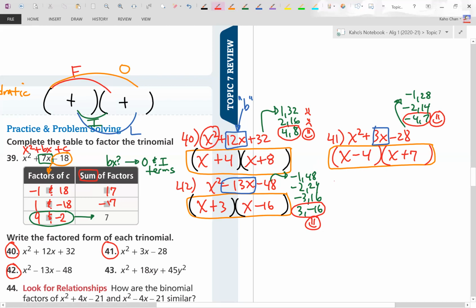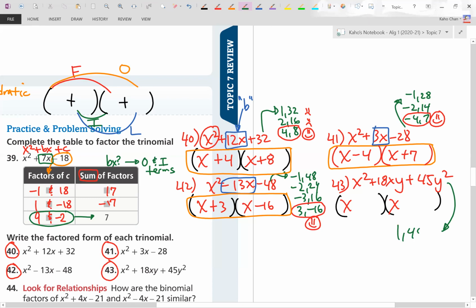43. Last one for this section. Here we go. x squared plus 18x. Ooh, xy. We got an extra variable, folks. Pretend the y's aren't there, okay? That's an easy way of looking at this. There's only one way to get x squared, of course. How many ways are there to get 45? Let's take a look here. 1 and 45, 2 and 3 and 15.